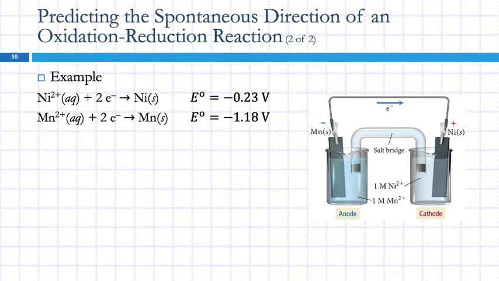Okay, predicting spontaneous direction. So here we don't have to go back and look at the table, we pulled those out for us. So nickel ions being reduced and manganese ions being reduced. The spontaneous situation is where we add these up and we get a positive number.